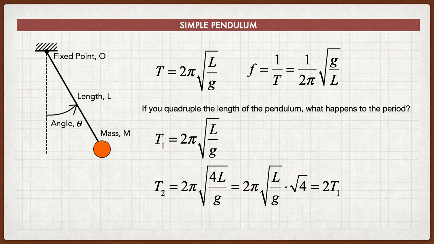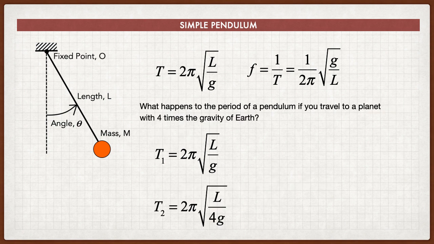How about a second example? What happens to the period of the pendulum if you travel to a planet with 4 times the gravity of Earth? Whoa, that's a lot of gravity. Again, call the original period T1 and the period on the new planet T2.